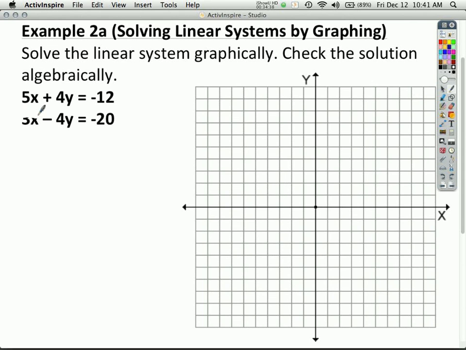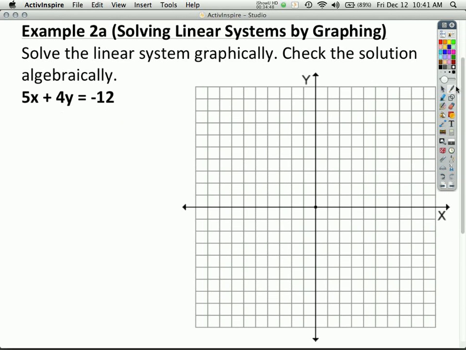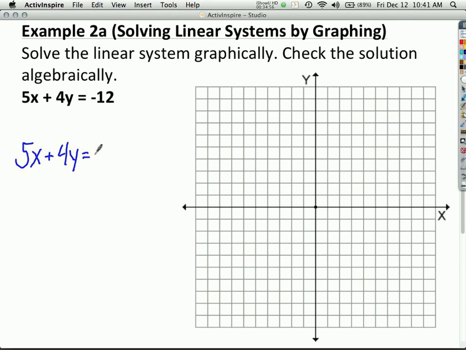And so let's get rid of this equation for a minute or two. And let's just focus on the first one. 5x plus 4y equals negative 12. We have to graph it. How can we graph it?